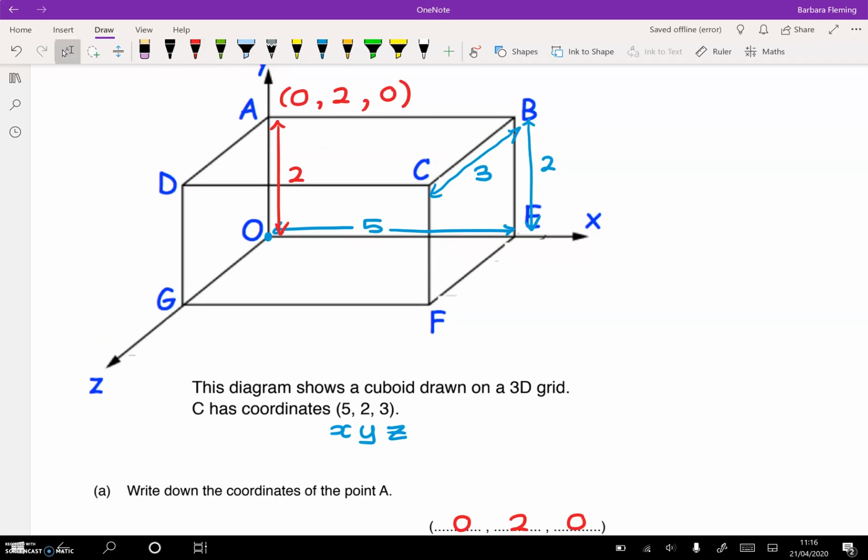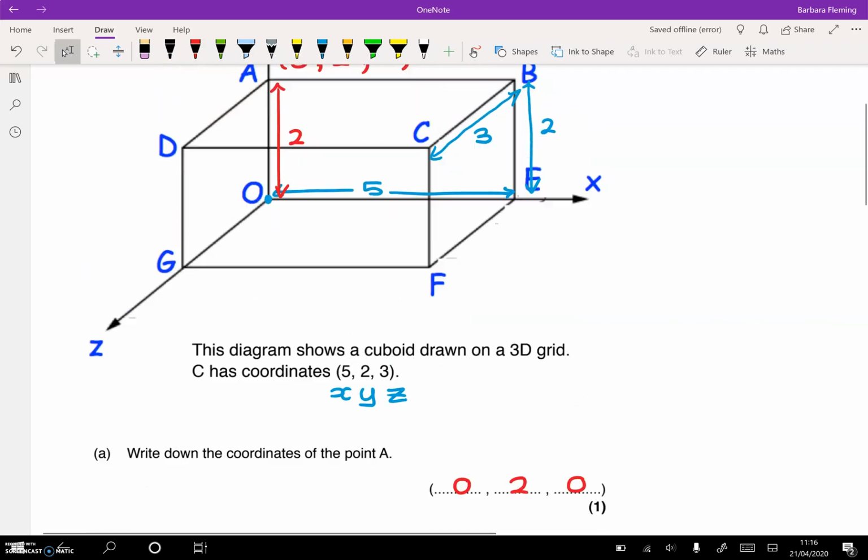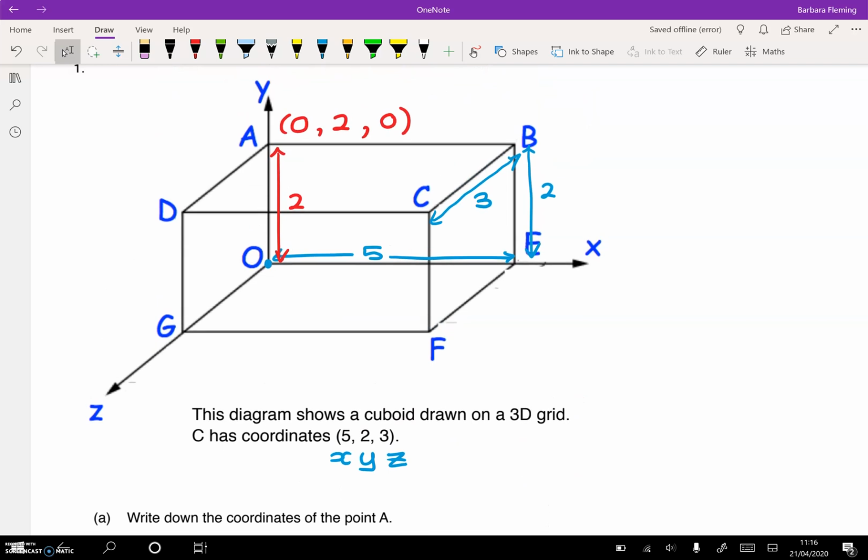Okay, so the next coordinate we're looking for is the point F. Our F is out at the front right-hand corner here. Again, starting at your origin, we go along our x-axis first, and F is going to be 5 units along that x-axis. Then on our y-axis, F isn't coming up the cuboid at all, it's at the bottom there, so it's 0 up our y-axis.